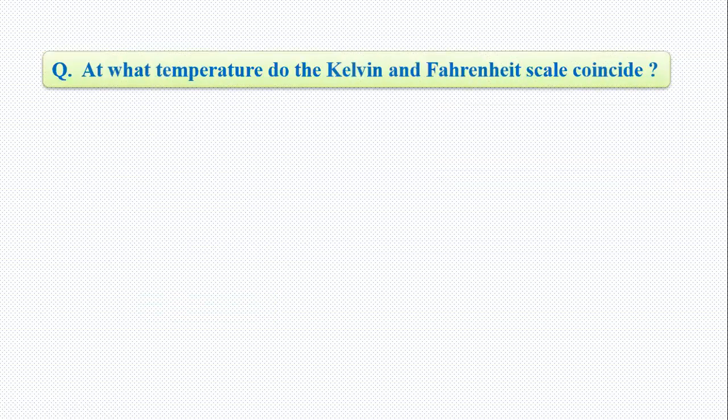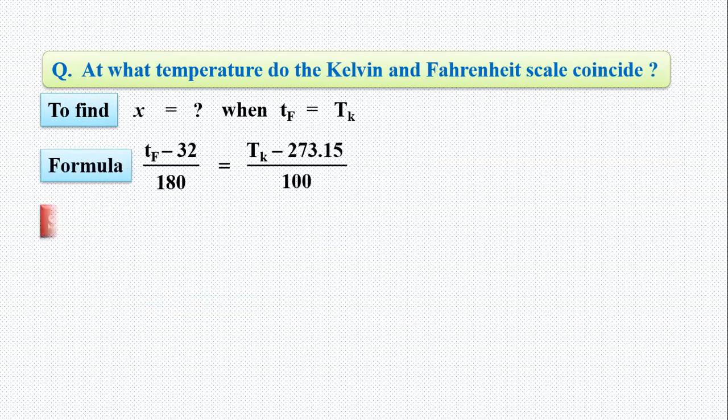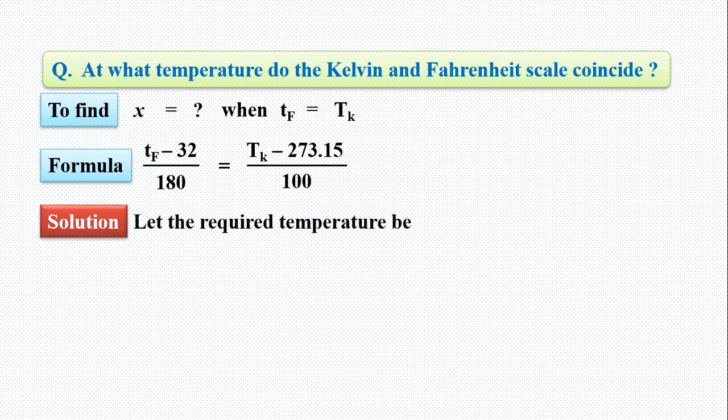At what temperature do the Kelvin and Fahrenheit scale coincide? मस्त प्रश्न आहे. असं कोणतं टेम्परेचर आहे की तिथे केल्विन आणि फॅरनहाइट यांच्या व्हॅल्यू कोइन्साइड होते? Find this. x is equal to question mark when TF is equal to TK. आपण आता काय केलं, TF minus 32 upon 180 is equal to TK minus 273.15 upon 100 हा आपला फॉर्म्युला लिहून टाकला.